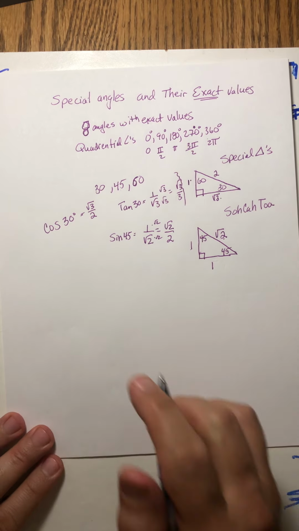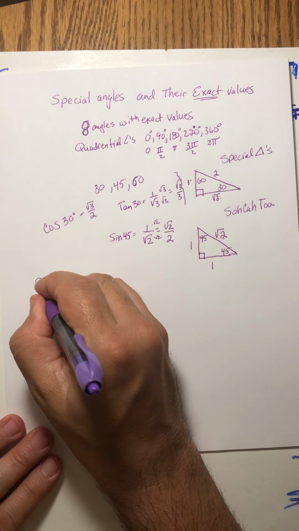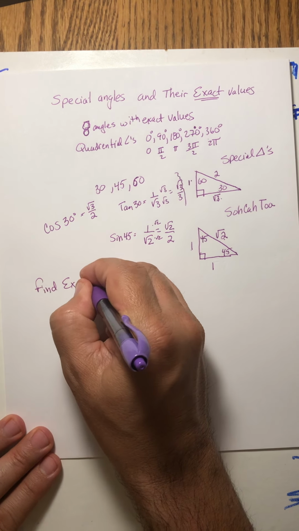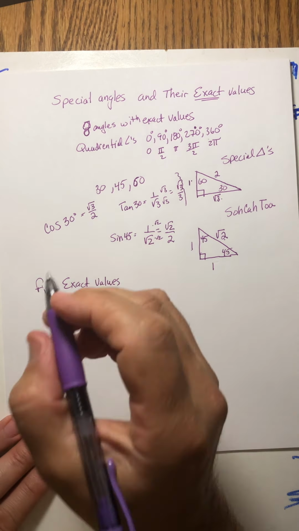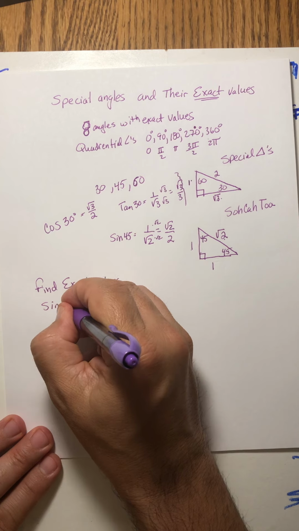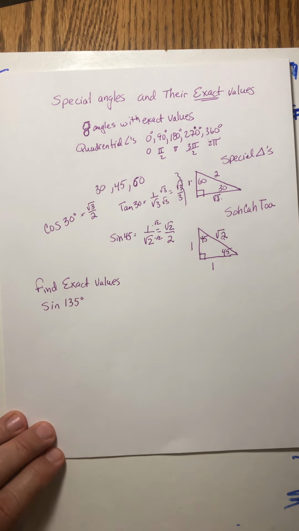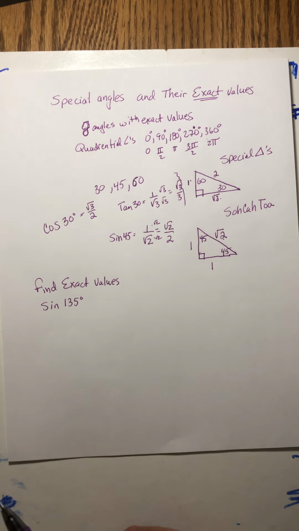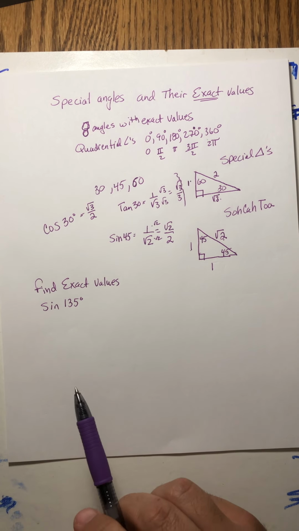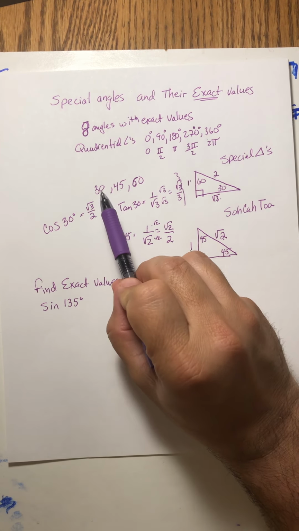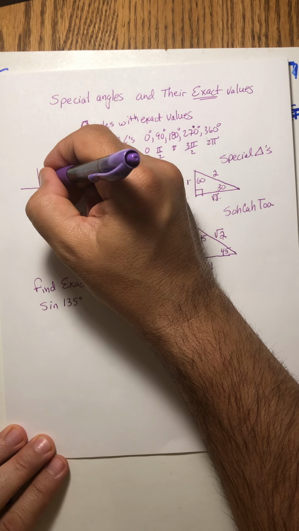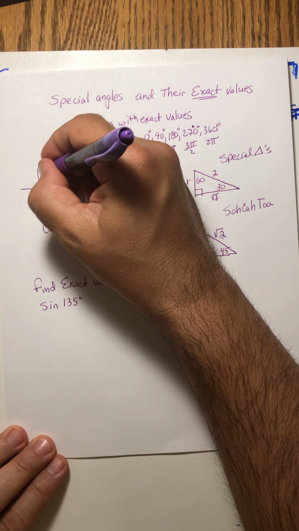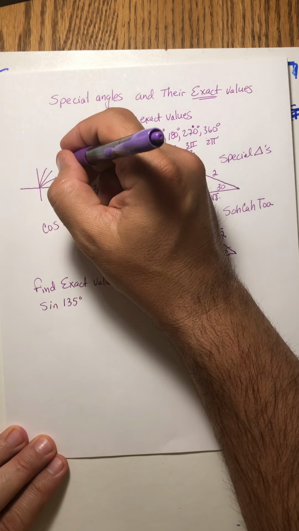All right, so now what does that mean for us? We're going to find exact values. I'm going to start with the sine of 135 degrees. I thought we only had 8 of them. Well, 30, 45, and 60 are in quadrant 1 of our unit circle.